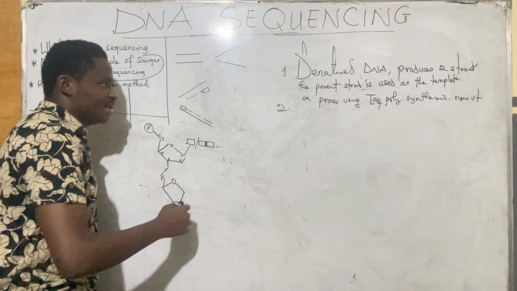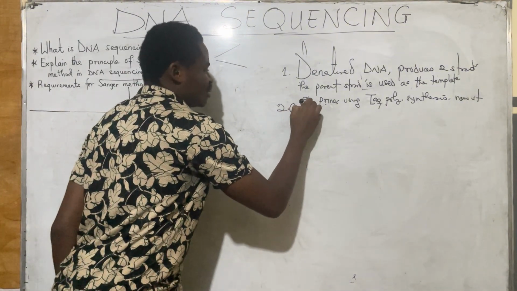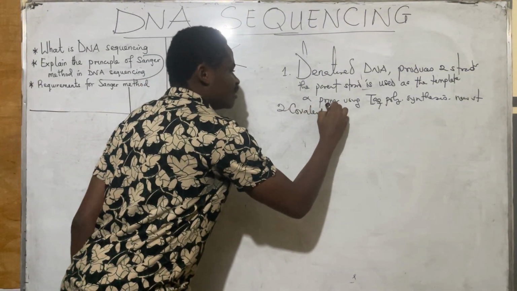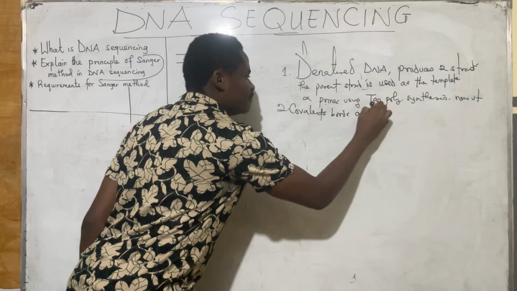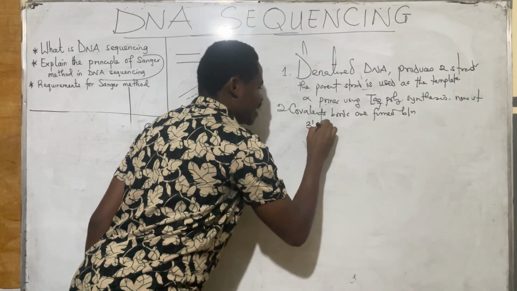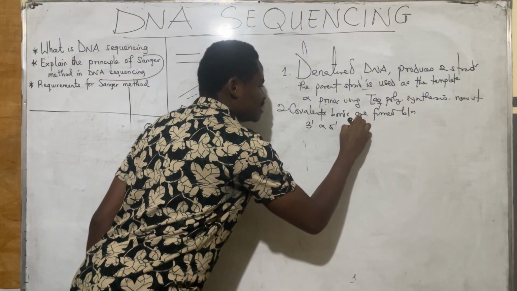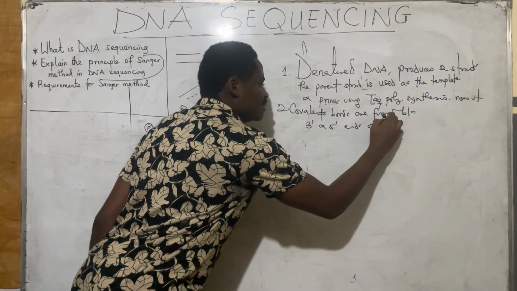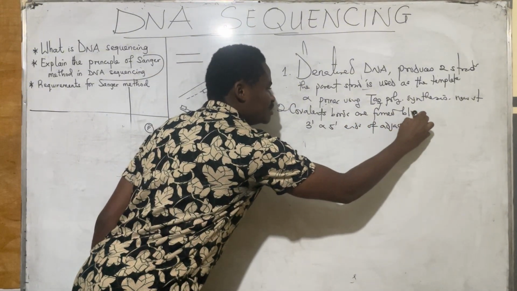So the second point should be that in this elongation, covalent bonds are formed between the 3' and the 5' ends of adjacent nucleotides.